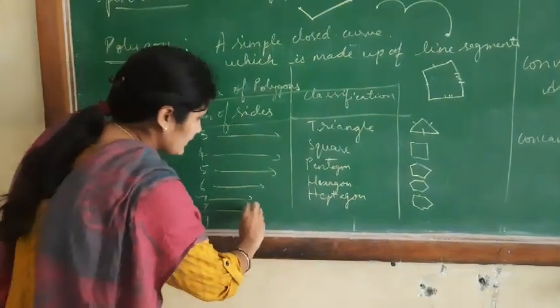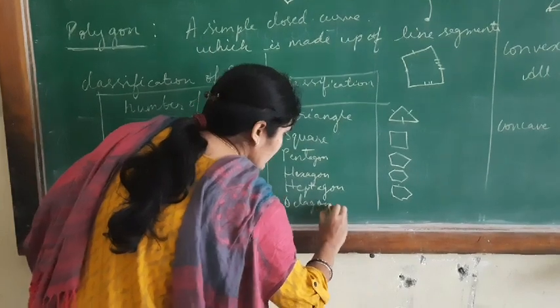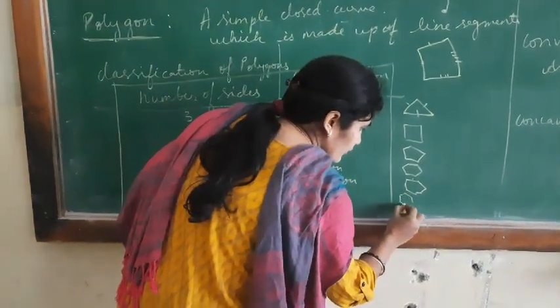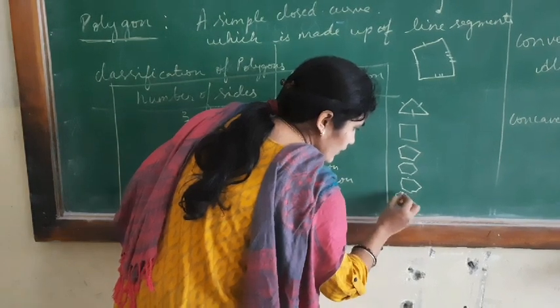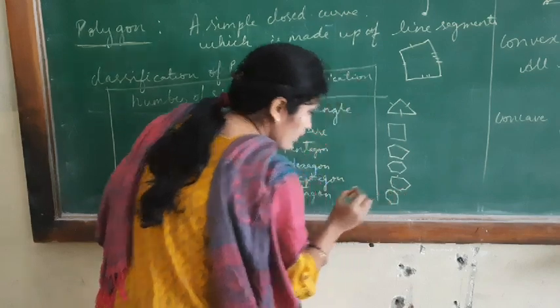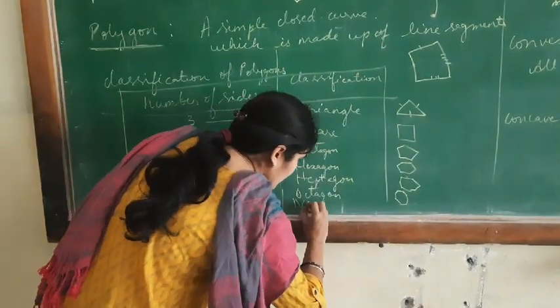Now, if it is 8-sided, then it is an octagon. If it is 9-sided, then it is a nonagon.